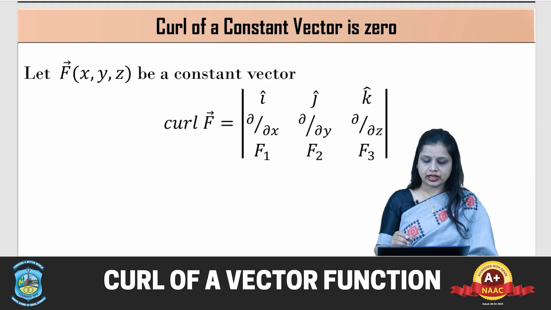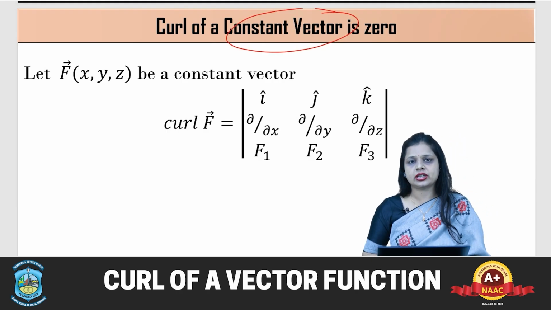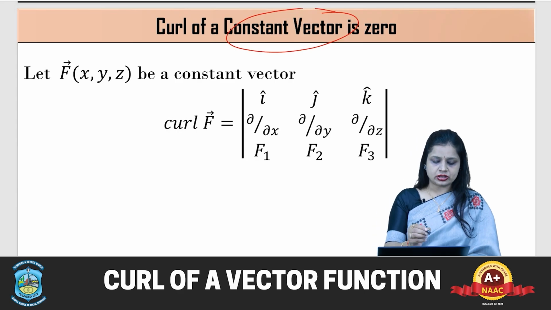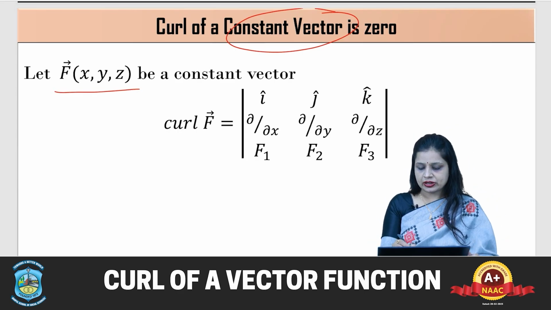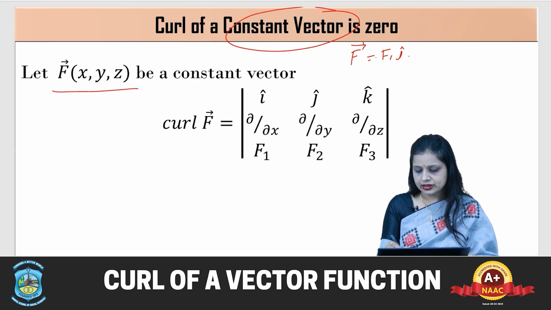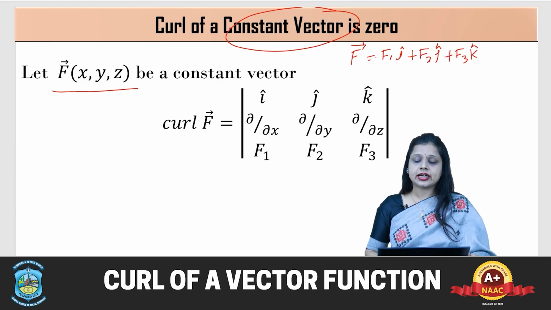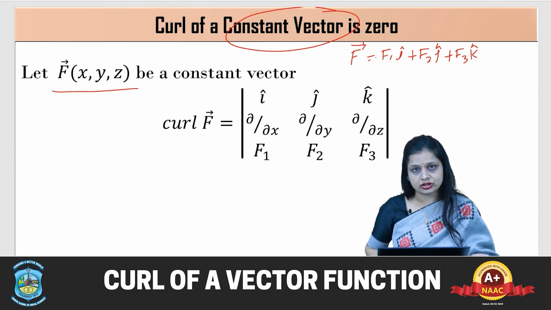Next, we will calculate curl of a constant vector and that value is 0. Suppose a constant vector f is given to us. When we write it in standard notation, that is f1 i cap plus f2 j cap plus f3 k cap, its components f1, f2 and f3 are constants.